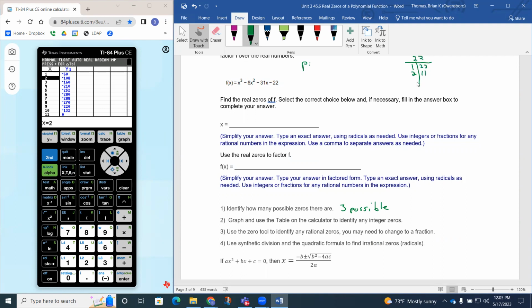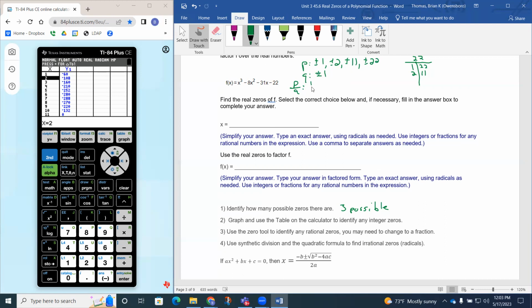So we'd have plus or minus 1, plus or minus 2, plus or minus 11, plus or minus 22. Q is the factors of the leading coefficient. Since the leading coefficient is a 1, that's just going to be plus or minus 1. So P over Q are my possible or potential rational zeros.